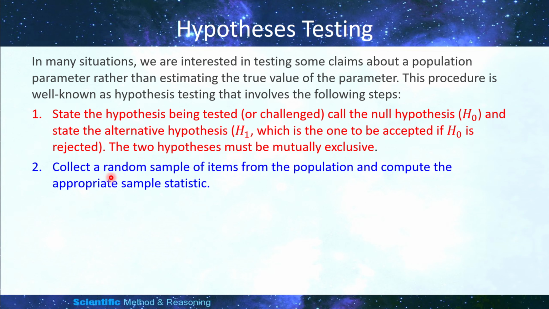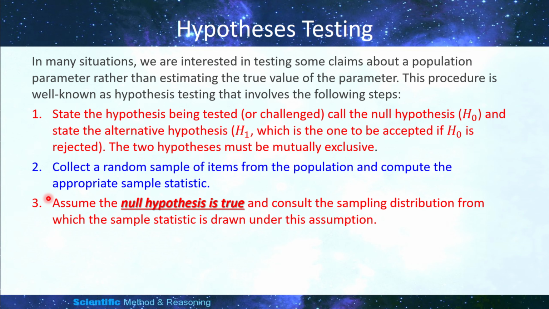The second step is to collect a random sample of items from the population and compute the appropriate sample statistic. This is an important step: we assume that the null hypothesis is true throughout the whole procedure, and consult the sampling distribution from which the sample statistic is drawn under this assumption.